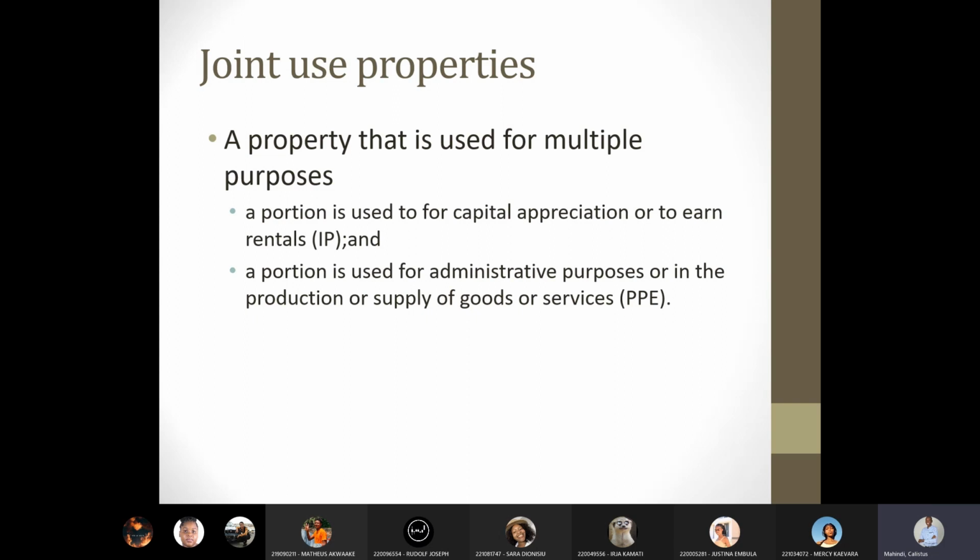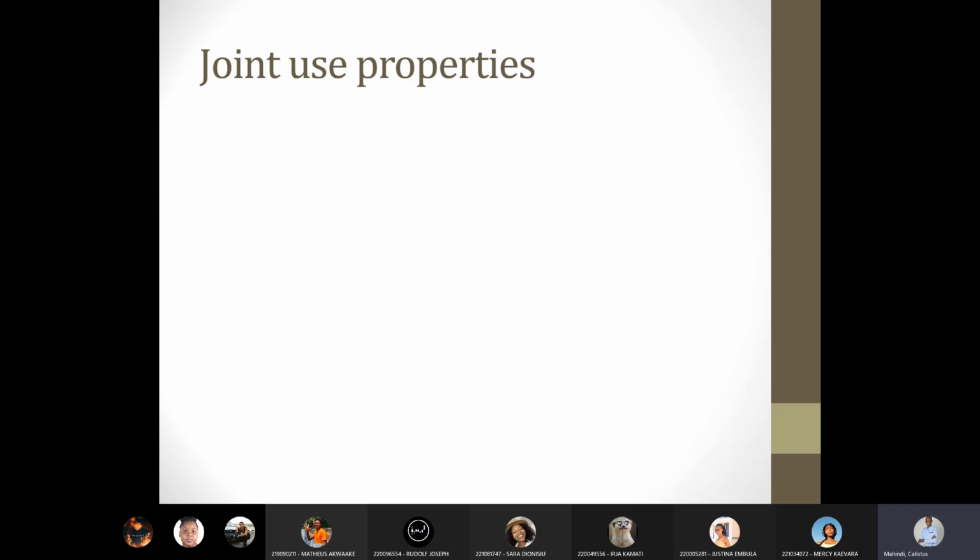Those that are used in the production or supply of goods or services or for administration purposes will be classified as PPE, and the portion that is used for capital appreciation or to earn rentals will be classified as investment property. However, the two portions may need to be classified separately.